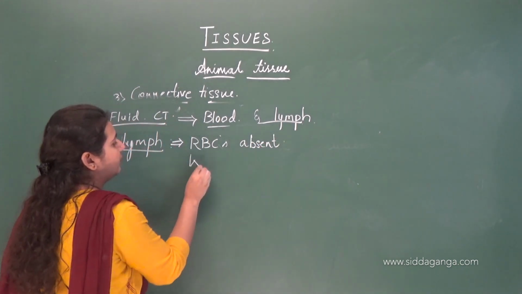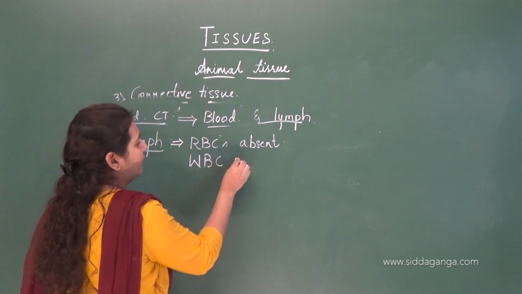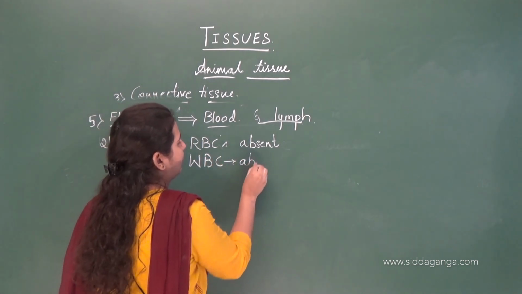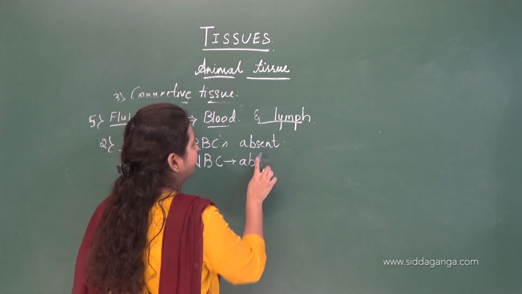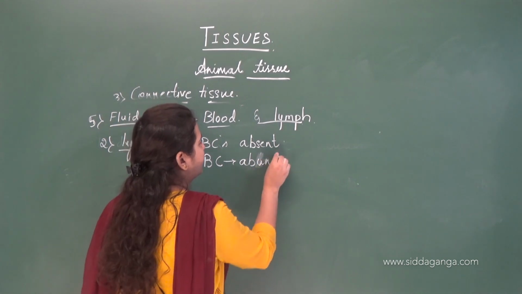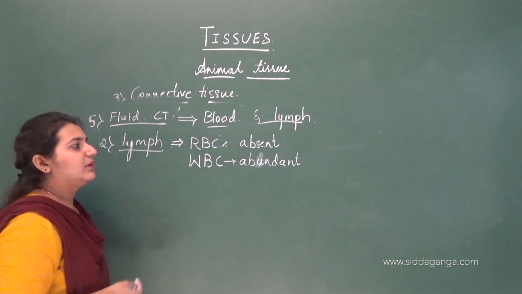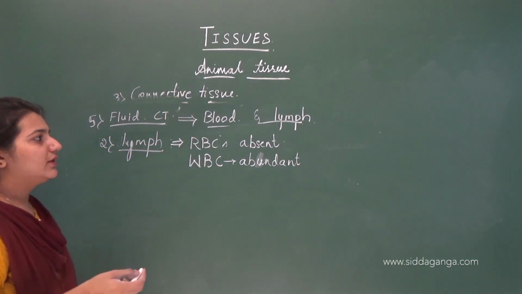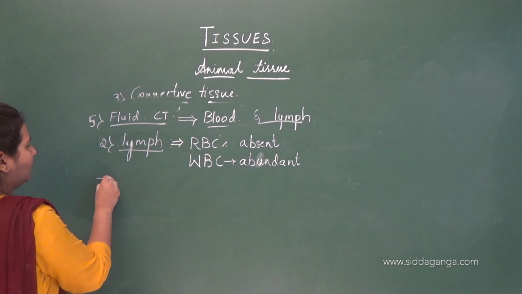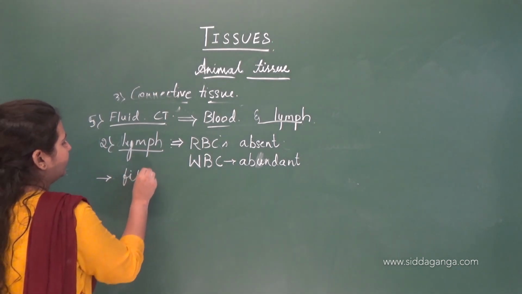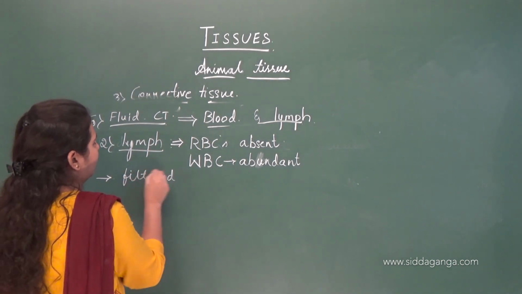And remember WBC, white blood cells, are abundant. There is too much WBC present in lymph compared to the blood, hence it is white in color and blood is red in color. So what is this lymph exactly? Lymph is the filtered blood.